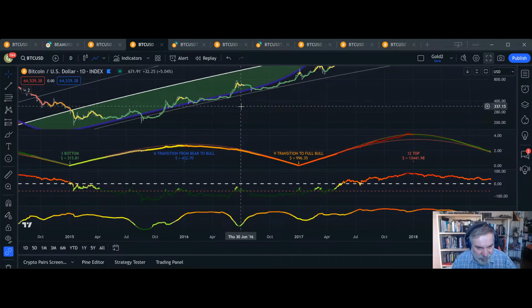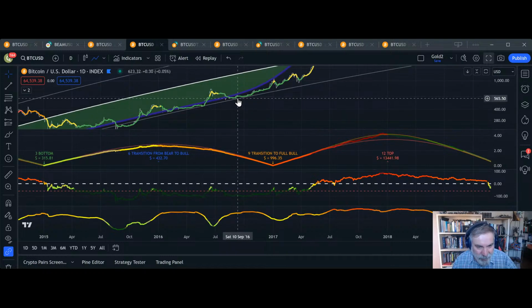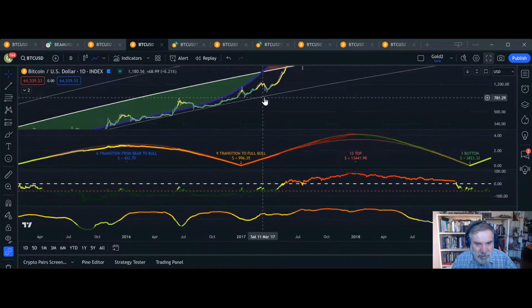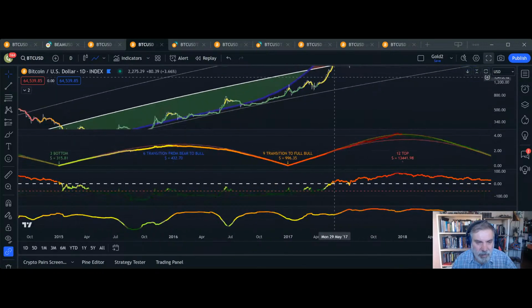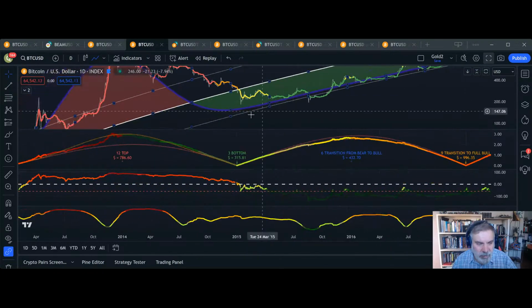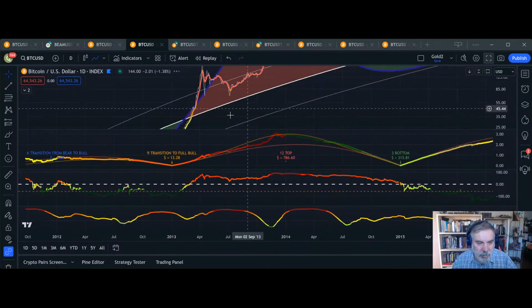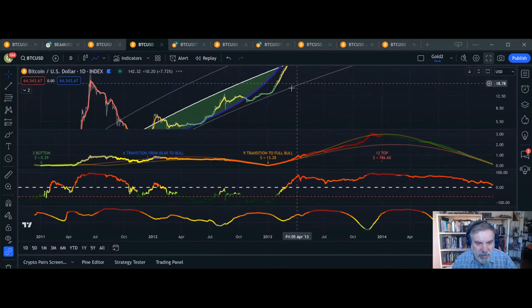We stay there. We were very consistently there, and then just a little bit after the transition to full bull market, we started to go up very quickly. Okay, so it's in the previous cycles that point, and again, here is another example.